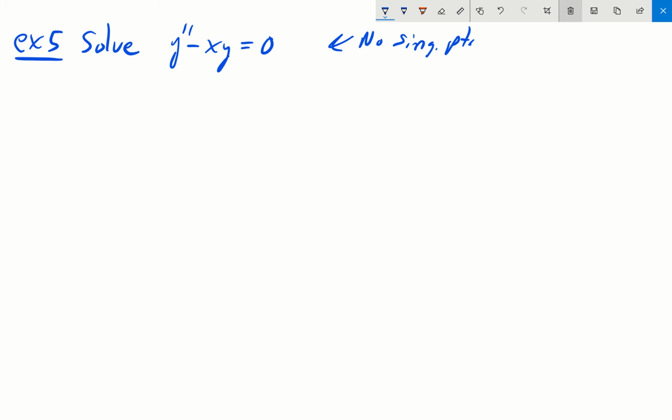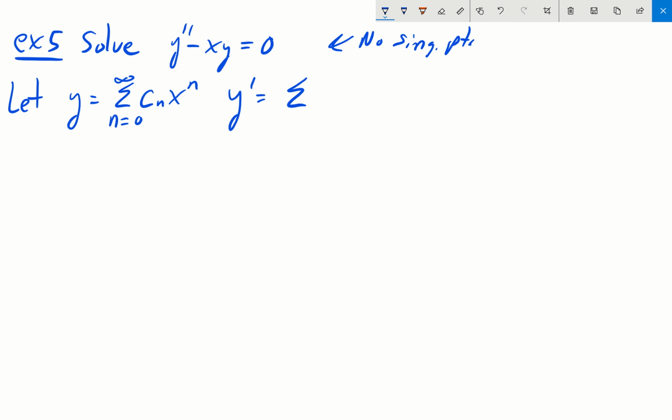Let's go ahead and assume a power series solution. So let's let y be equal to the sum from n equals 0 to infinity of Cn x to the n. We need the second derivative to plug this in. So let's take the first derivative.